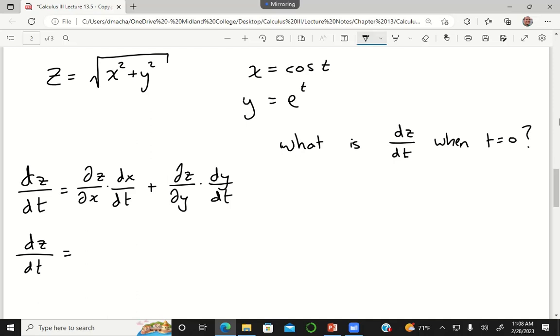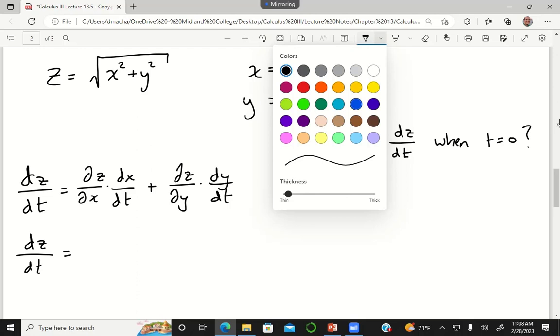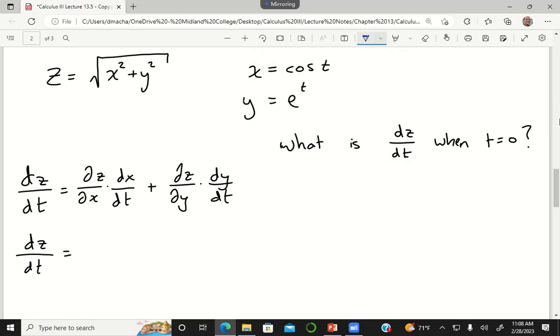So starting with partial z with respect to x. What is partial z with respect to x? So it'll be 1/2 times x squared plus y squared to the power negative half, or you could say 1 over 2 times the square root of x squared plus y squared.